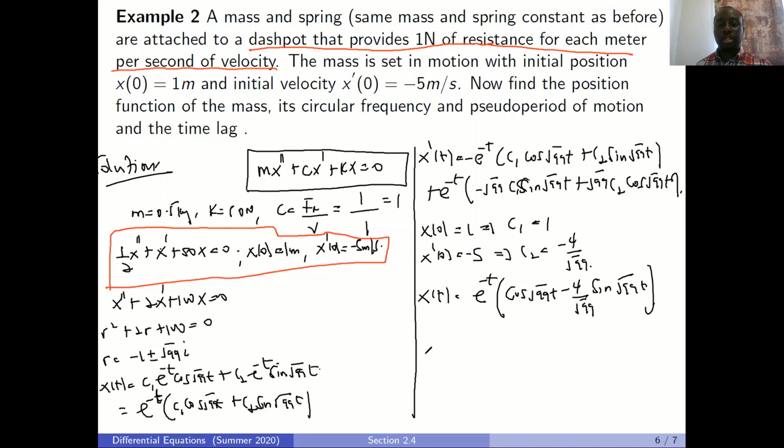All right, so the next thing is to combine this into a single trigonometric function. We're going to define A to be the square root of 1 plus (minus 4 over root 99) squared, which comes out to be the square root of 115 over the square root of 99.